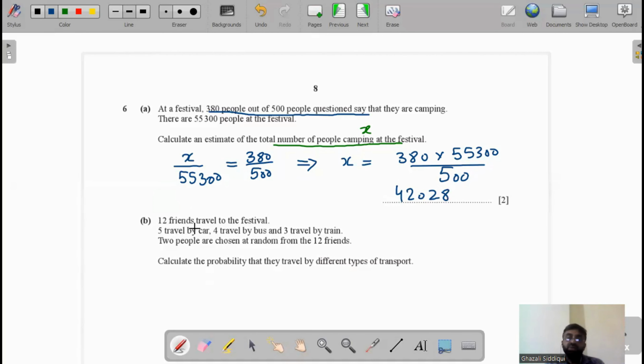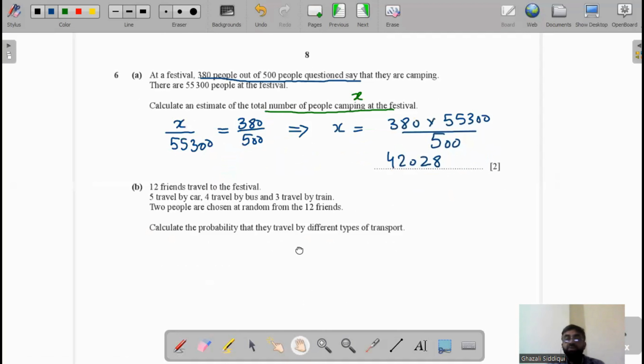Now part B. 12 friends travel to the festival, 5 travel by car, 4 travel by bus, 3 travel by train. 2 people are chosen at random from the 12 friends. Calculate the probability that they travel by different types of transport.